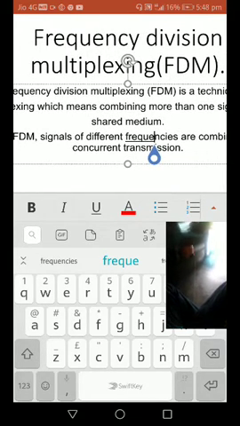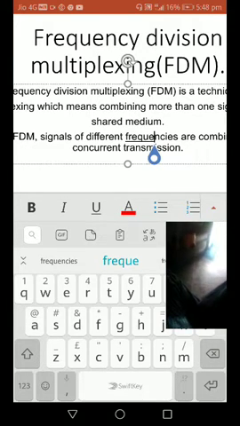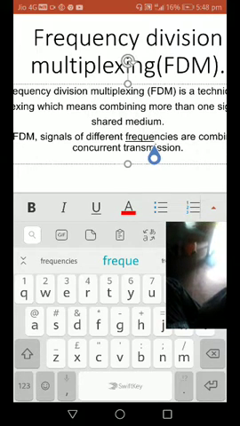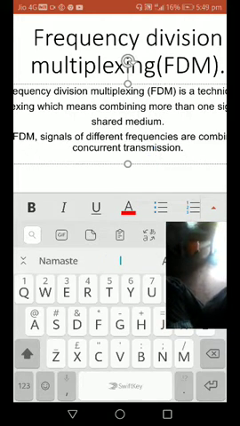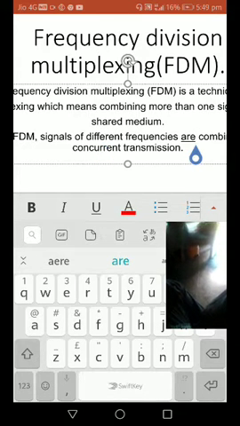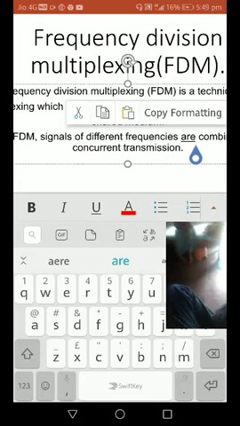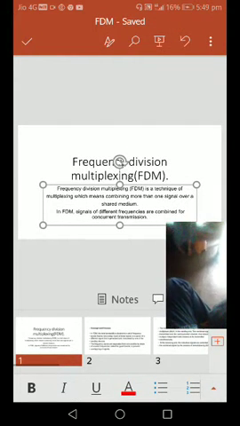This means different users' frequency signals are multiplexed, sharing a combination of frequencies for transmission. This combination of concurrent transmission signals is called frequency division multiplexing.